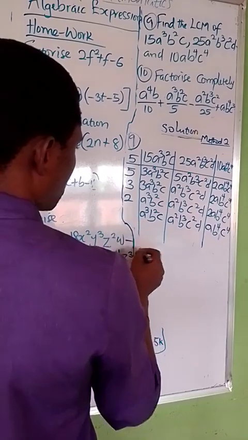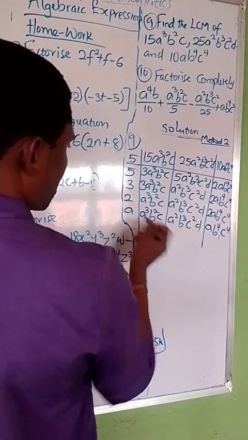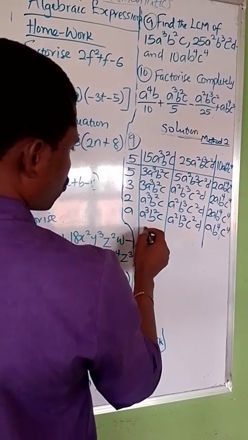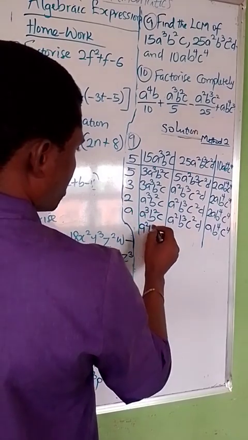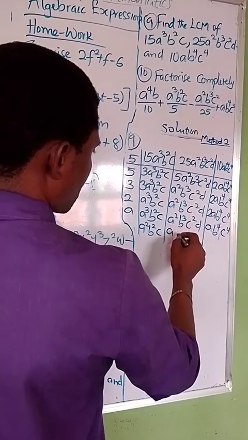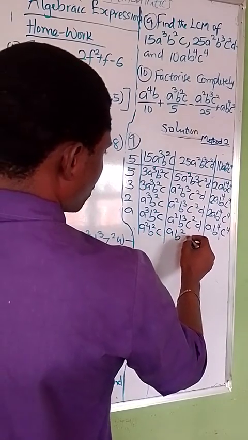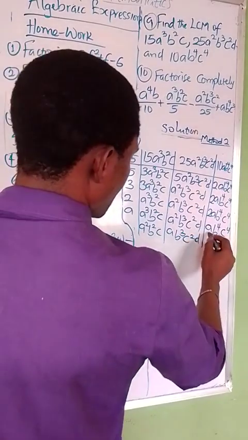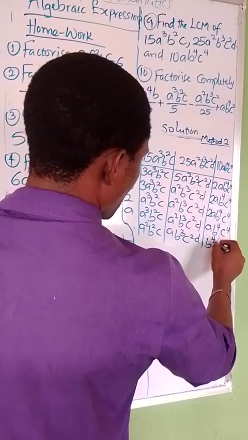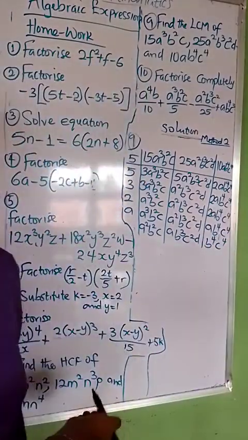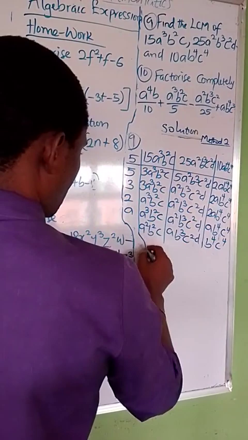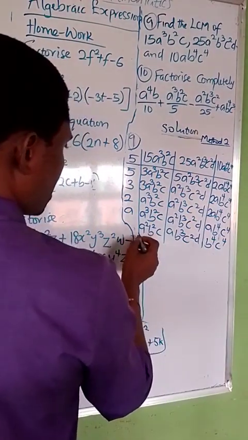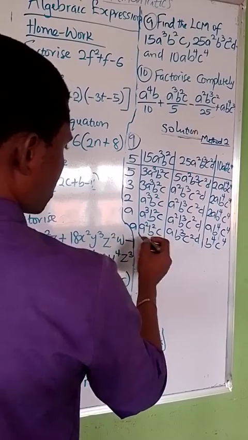Now the next is A. By the time A is factored out, this will reduce to a squared b squared c, a b cubed c squared d, and b to the power 4 c to the power 4. Again, A is still common.